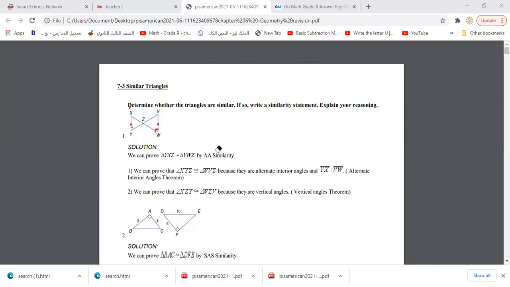Do we have a case called side angle side? Yes, we have. Right? Then we will check now, because we are looking for two corresponding sides that are proportional.